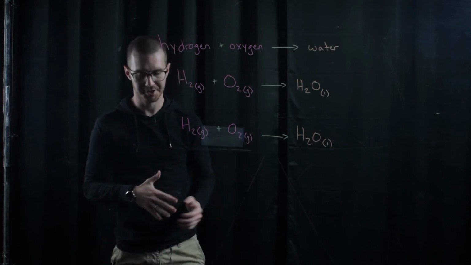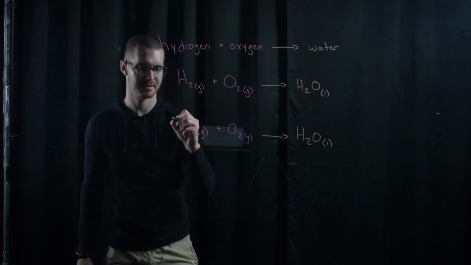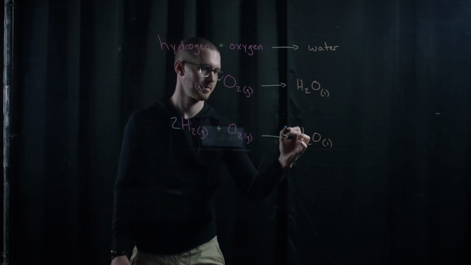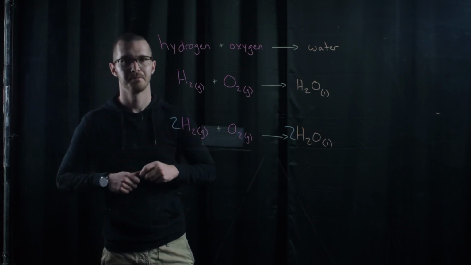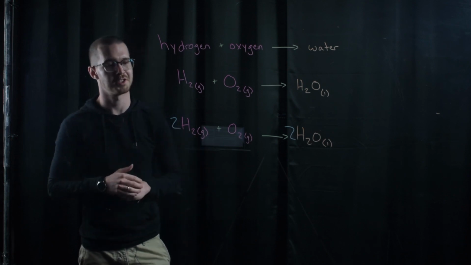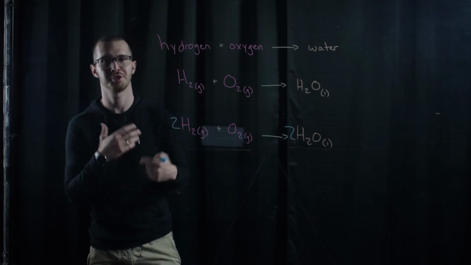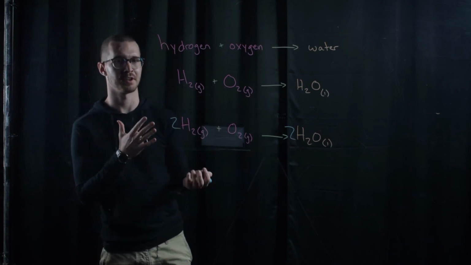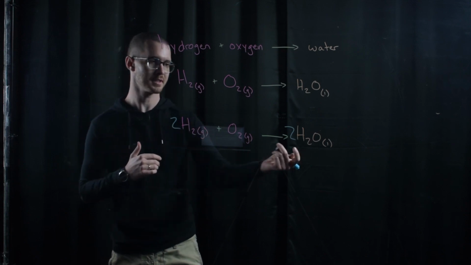However, we need to make sure that we show the proper numbers. So that looks like this. A balanced chemical equation uses coefficients like this, as you can see, in order to show how many of each there are. So as you can see now, we've added these coefficients.